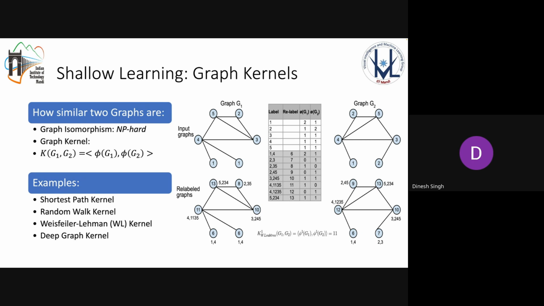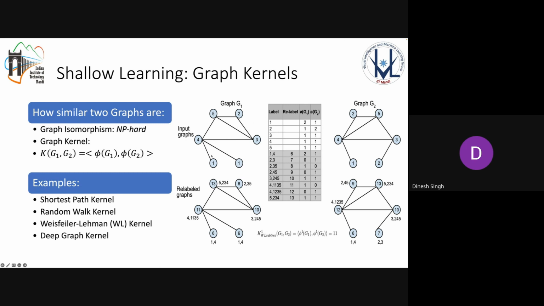Then how can we inherently exploit these structures? Not only the node features or the edge features, but everything we have on the nodes, we can start learning from that. Now this is a very simple kernel.